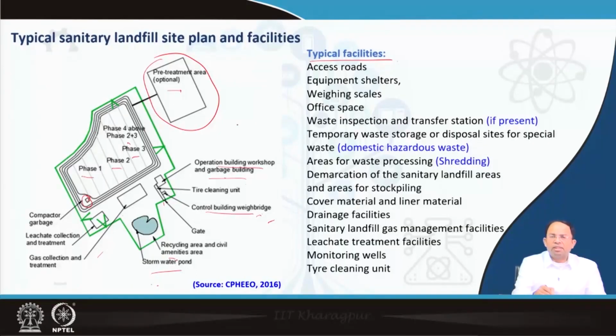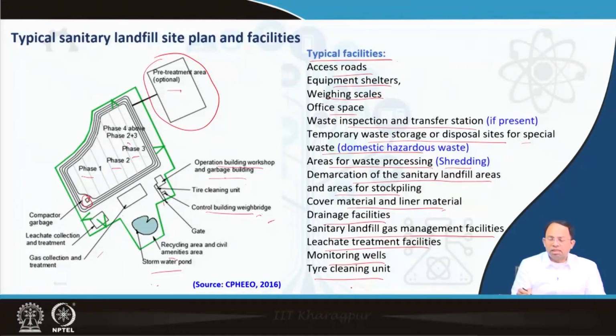Typical facilities within the landfill site area include access roads, equipment shelters, weighing scales, office space, waste inspection and transfer station, temporary waste storage or disposal sites for special domestic hazardous waste maybe, areas for waste processing, maybe shredding of waste, demarcation of the sanitary landfill areas, and areas for stockpiling some material like cover material and liner material, drainage facilities, sanitary landfill gas management facilities, leachate treatment facilities, monitoring wells, and tire cleaning units for the waste collection vehicles.